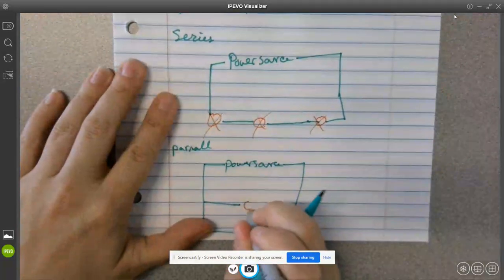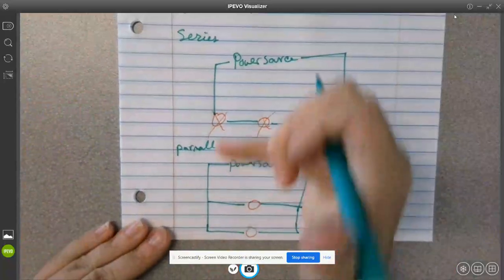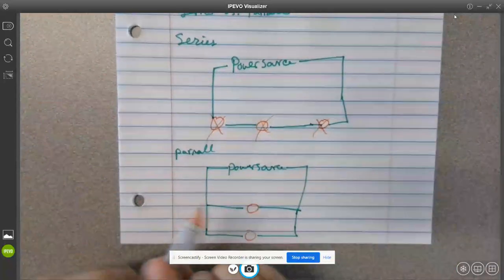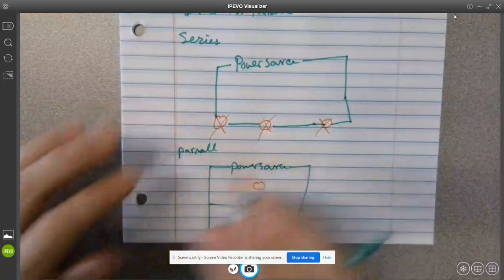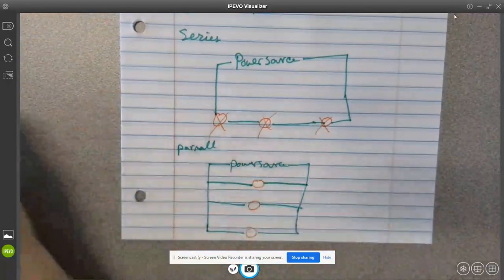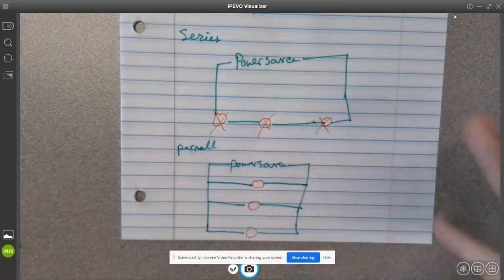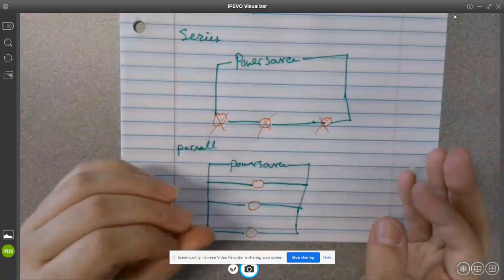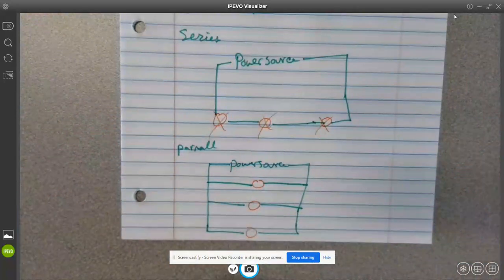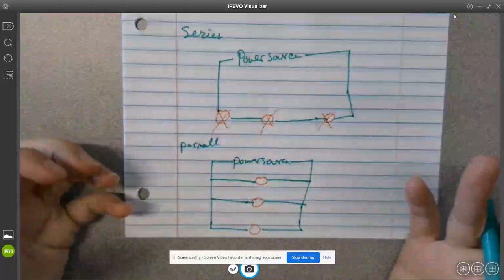Parallel is like the same thing in math: you have several lines overlapping each other. Now, parallel works a little bit differently. Again, everything is connected. It's a closed system. That means all of your voltage, all of your current, everything is connected, so everything should work.